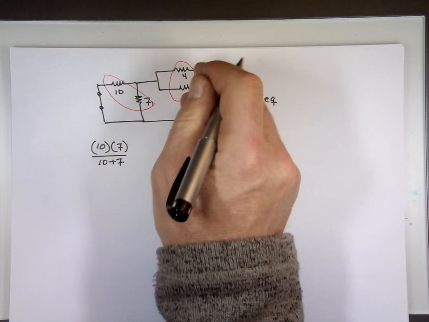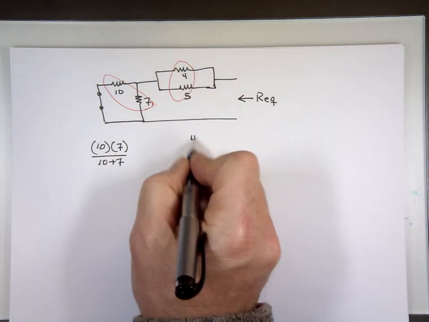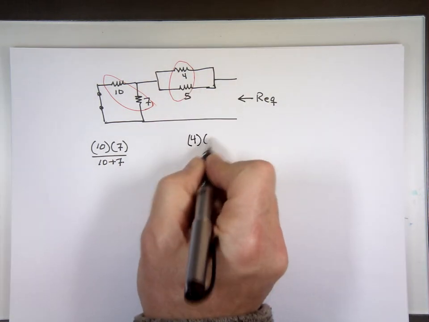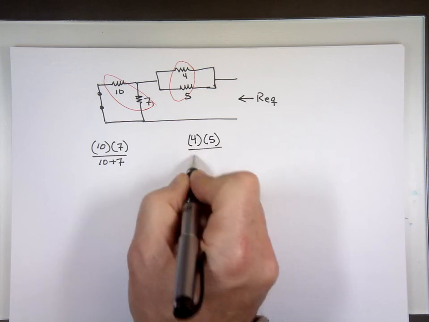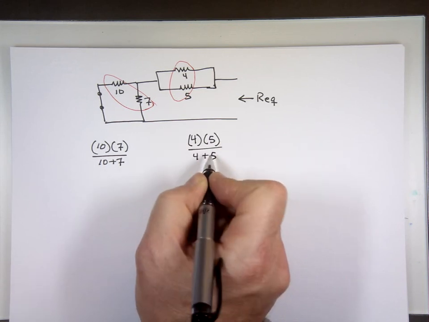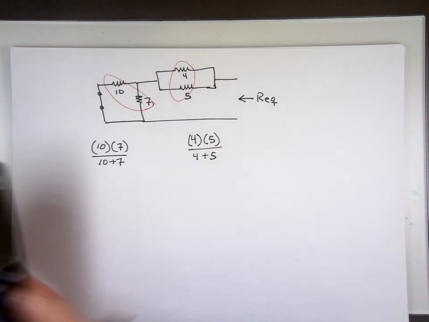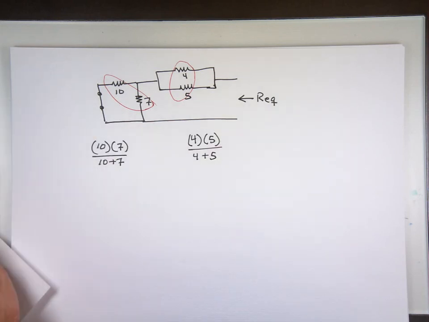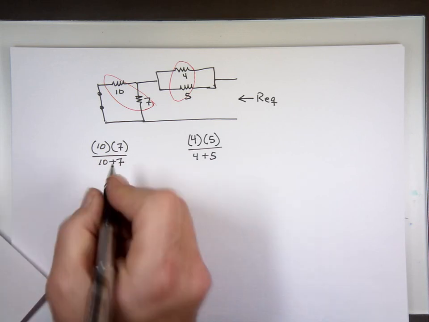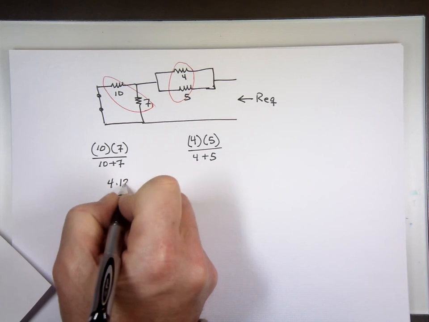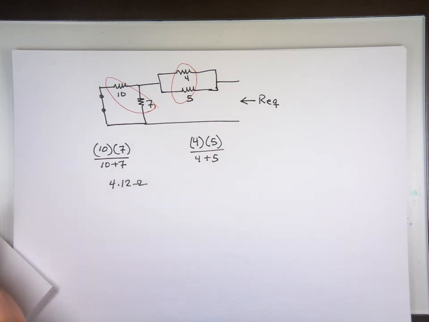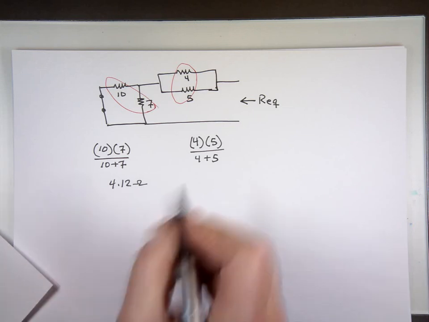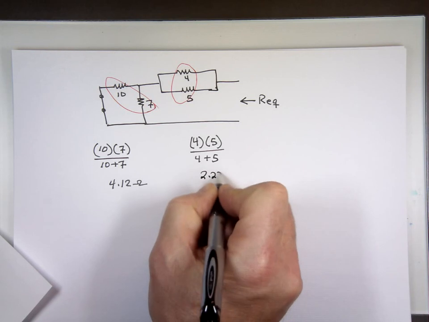And the equivalent of these two, the product over the sum, 4 times 5 over 4 plus 5. It's always the product over the sum for two resistors. So this will be 10 times 7, 70 divided by 17. This is 4.12 ohm. And that one will be 4 times 5 is 20 divided by 9. This is 2.22 ohm.